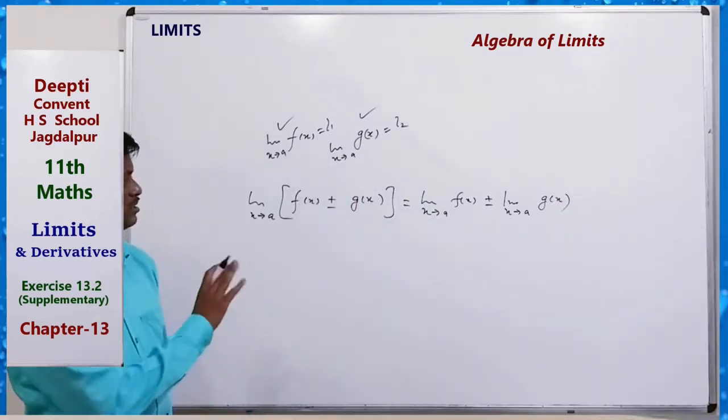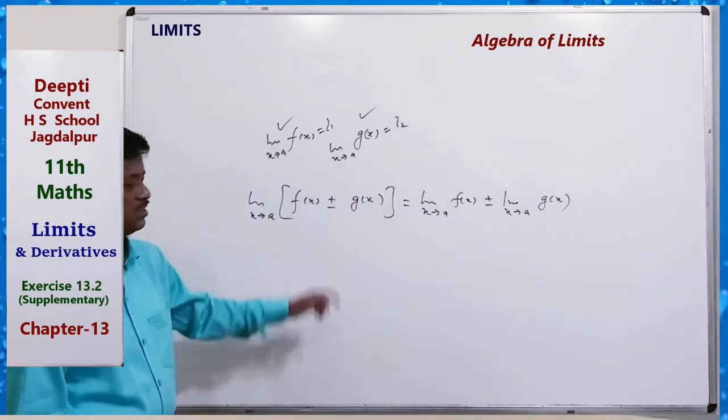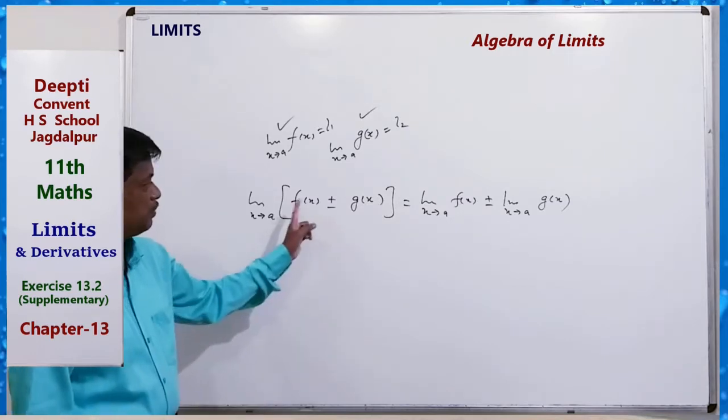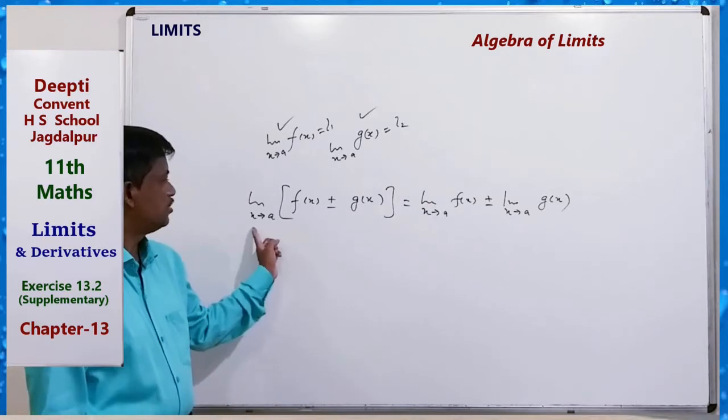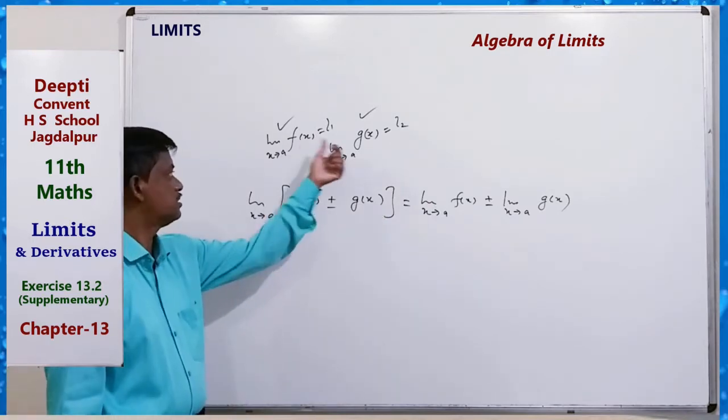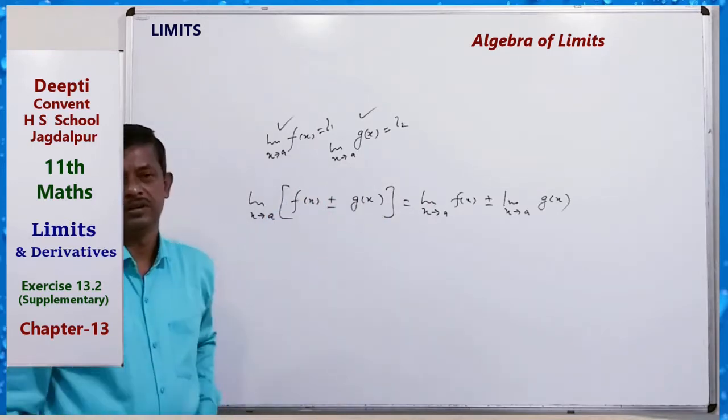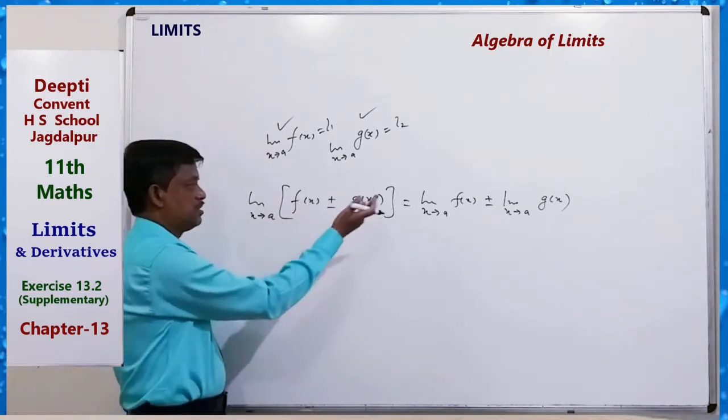Proof is not required, you just must know this. The limits are distributed because f(x) and g(x) have a common domain. Plus stays plus, minus stays minus.